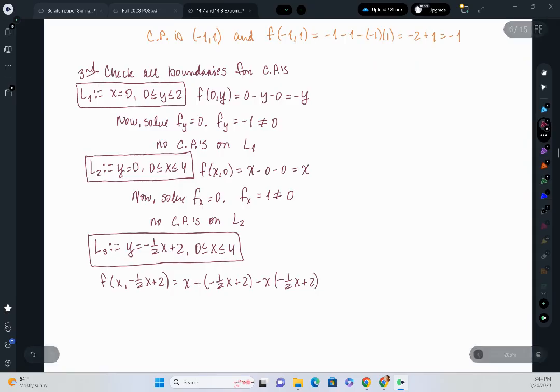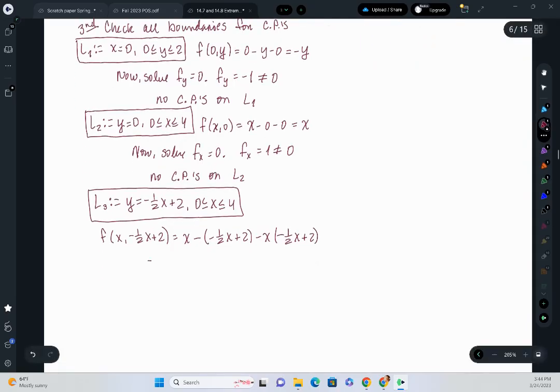Now I need to distribute and gather all my like terms. This gives me x plus 1/2 x minus 2 plus 1/2 x squared minus 2x. So I have 3/2 x and minus 2x, which is negative 1/2 x. In total I have 1/2 x squared minus 1/2 x minus 2.